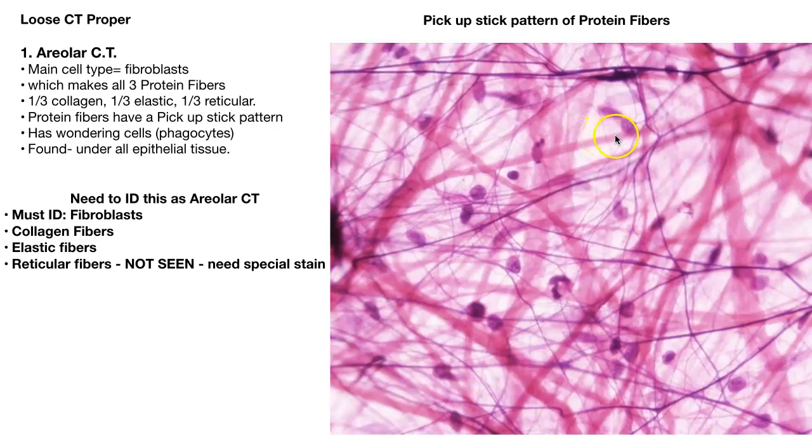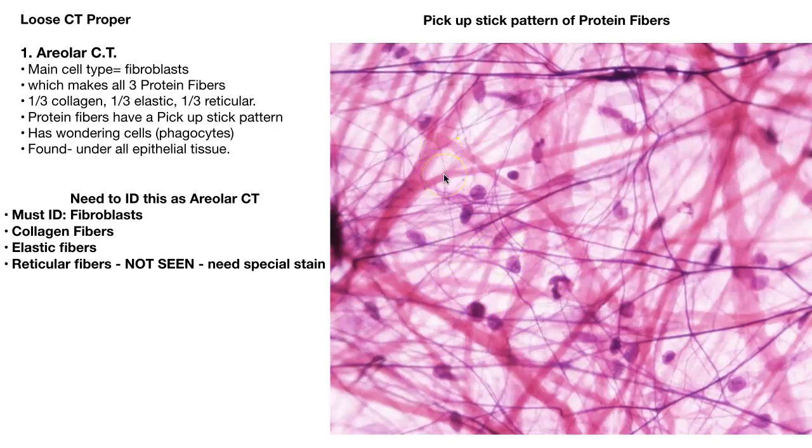Here we can see our protein fibers, these dark, thick pink fibers that you see here. See these thick, dark pink fibers? These are collagen. So this is collagen protein fibers. Here, these thinner purple lines, this is all elastic protein fibers.